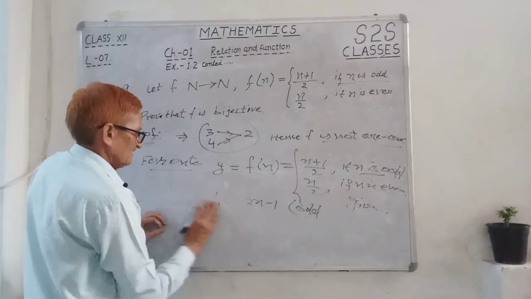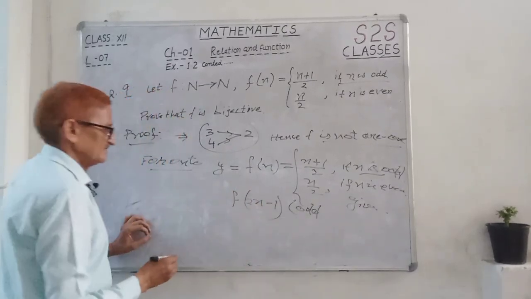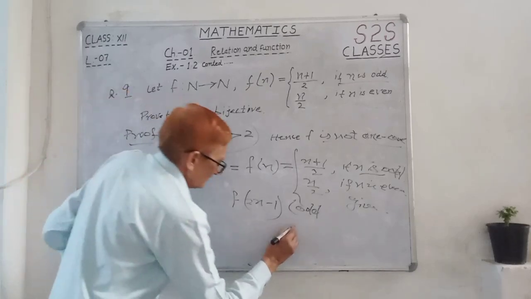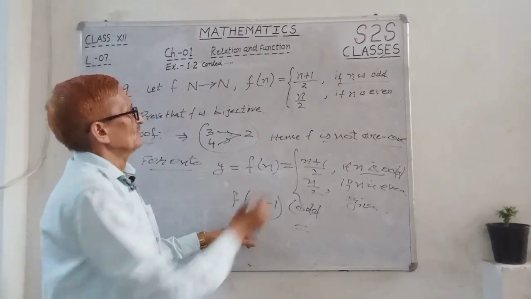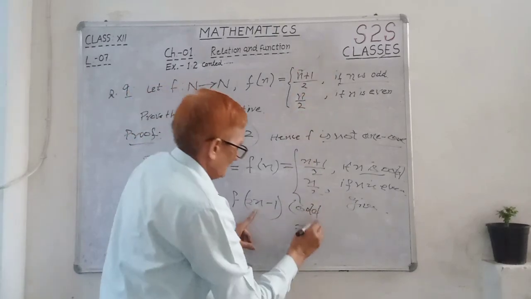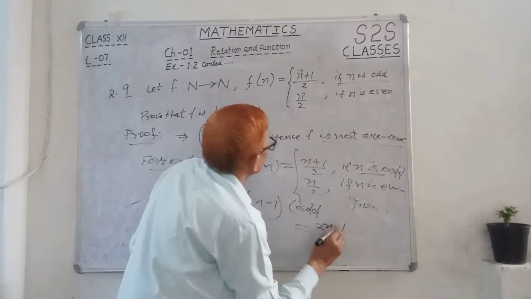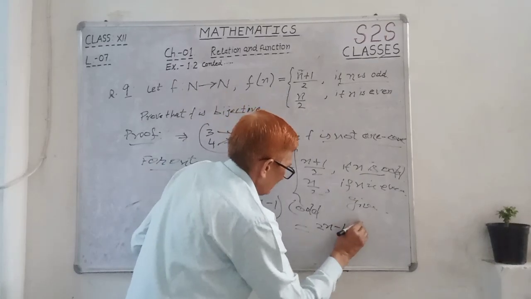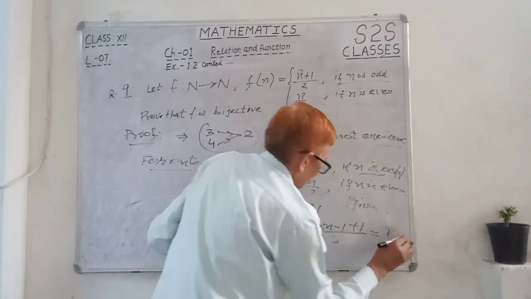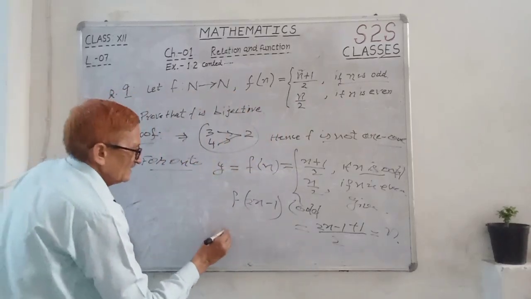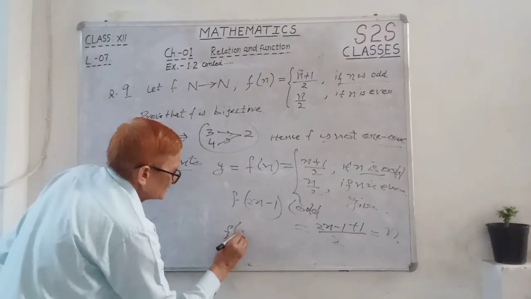If we take odd, so f of this odd, what will be the output? Put here instead of n the odd number 2n minus 1: (2n minus 1 plus 1) upon 2, simplify, it is n. And for even we take 2n.